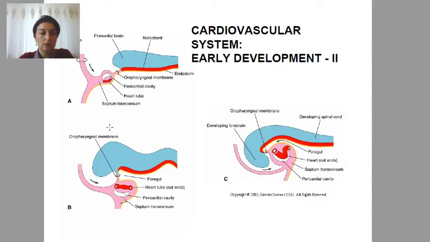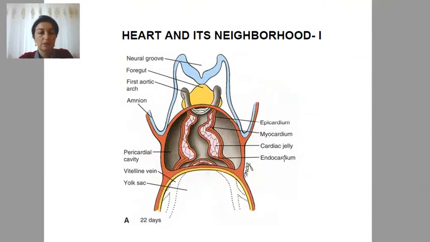And here we can see how the cephalocaudal folding of the embryo leads to transposition of the heart field, first of all into the cervical region, and finally into the thorax. And that is the heart tube, the endocardial tube, that begins to merge into the pericardial cavity, which is here, and finally it will be surrounded.